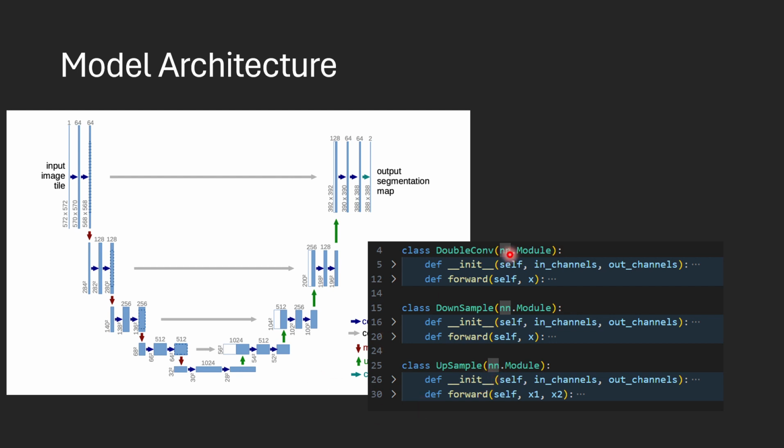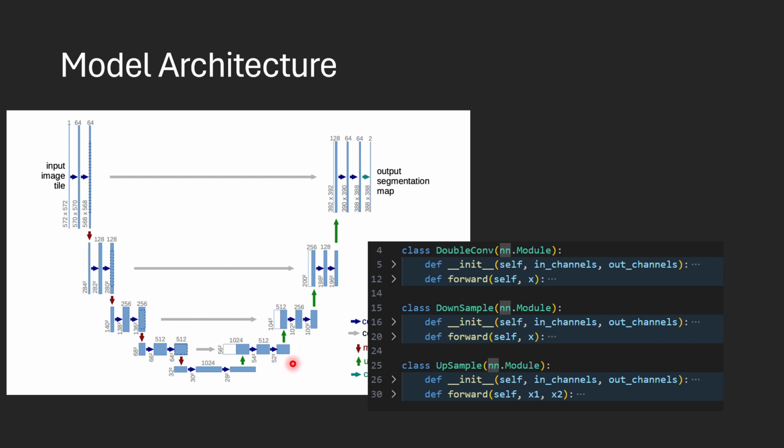Okay. Now, if you look at the forward functions here, double convolution will always take only one input. Downsampling will also take only one input. But when it comes to upsampling, I need two different inputs, x1 and x2. That is because whenever I'm doing an upsampling, this will be my x1, and I'm going to concatenate the previous layer's output, which is going to be my x2.